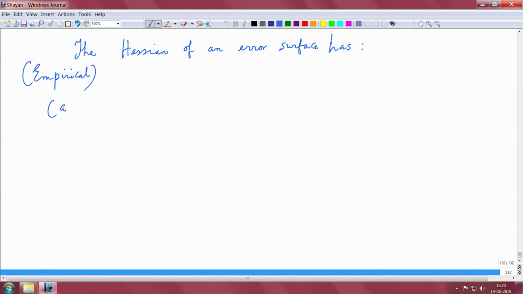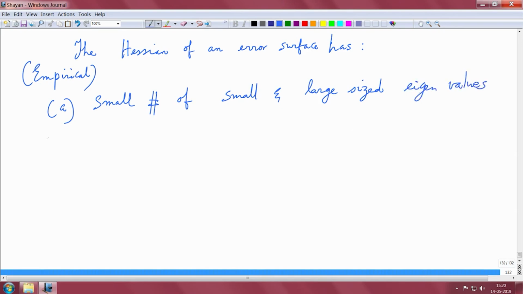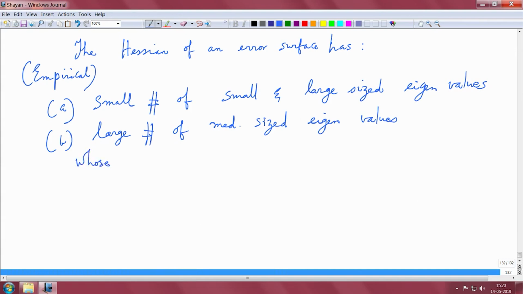the Hessian of an error surface empirically has a small number of small and large sized eigenvalues, and it has a large number of medium sized eigenvalues whose compositions are influenced by the data, right.